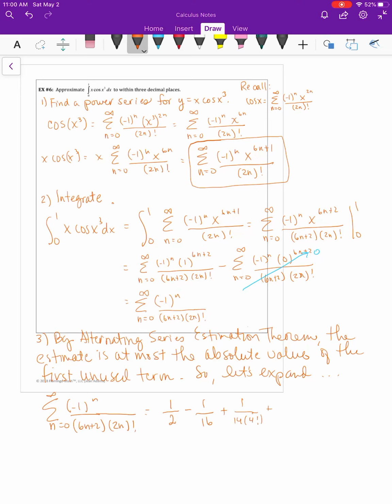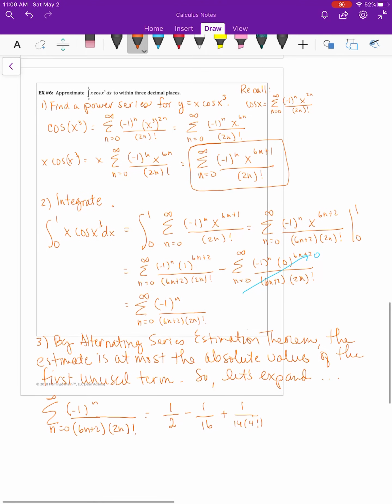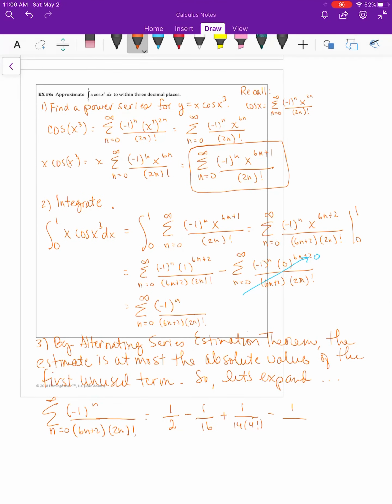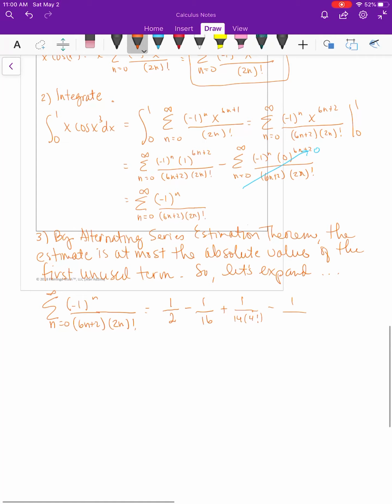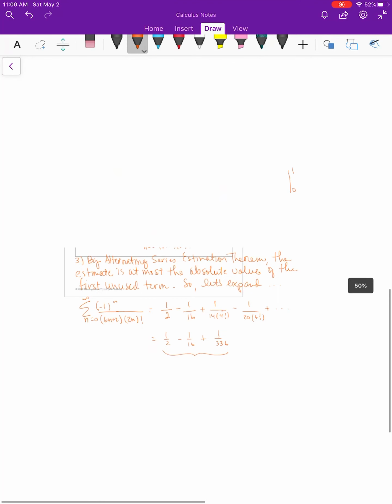If I put a 2 in, I'm going to get positive 1 on top, and then this one's going to be 14 times 4 factorial. If I put a 3 in, I get a negative 1 on top, minus 1 over 20 times 6 factorial, plus... Okay, just kind of looking at what that's going to give you.